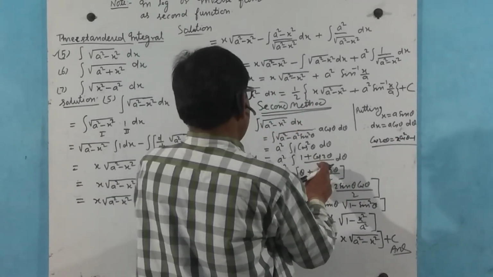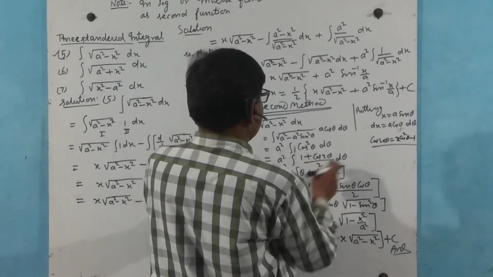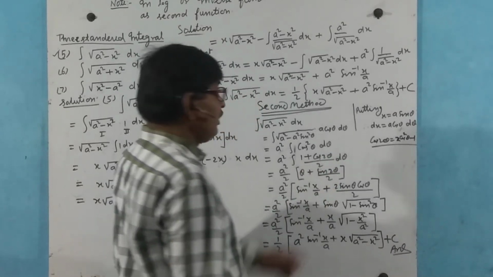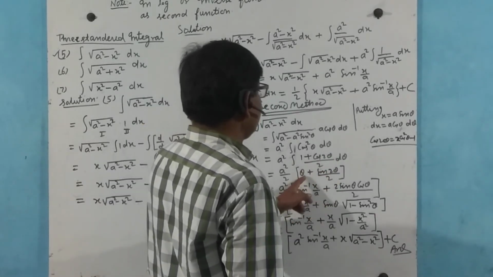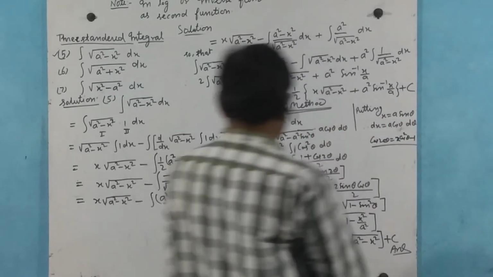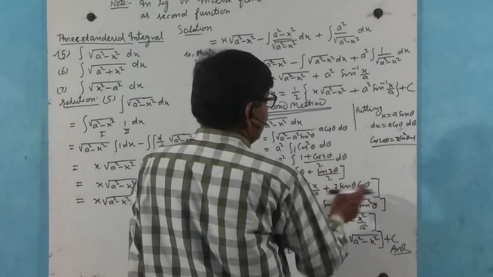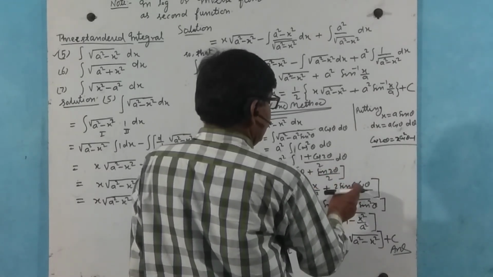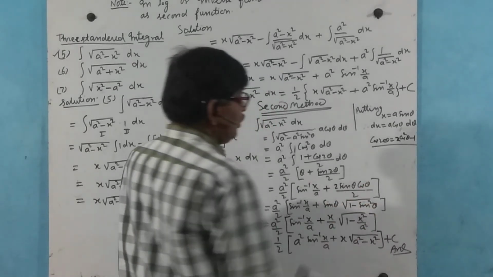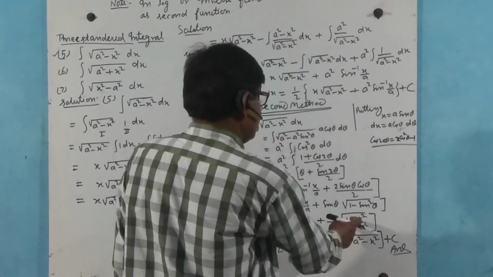Now a square by 2 comes here, and integration of 1 is theta, and integration of cos 2 theta is sin 2 theta divided by 2 here. Now theta is equal to sin inverse x by a, putting theta equal to this, and sin 2 theta is equal to 2 sin theta into cos theta, 2 cancels, and sin theta cos theta is equal to under root 1 minus sin square theta, because we put sin theta as x by a here in this case.